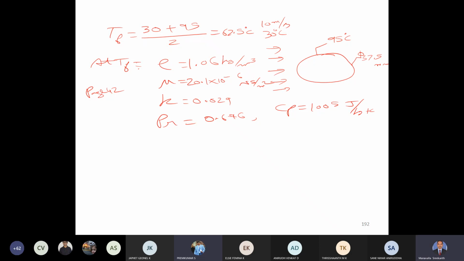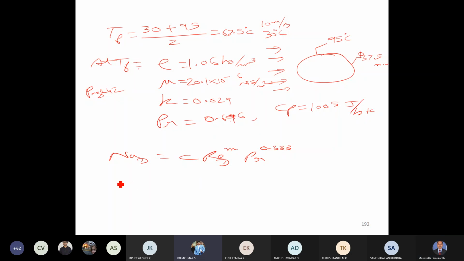Then I will calculate the value of Reynolds number, because our correlation is, see, the Nusselt number based on the diameter is equal to some constant multiplied by the Reynolds number based on the diameter power m, and Prandtl number power 0.333. So I need Reynolds number. Prandtl number is already known to us, 0.696.